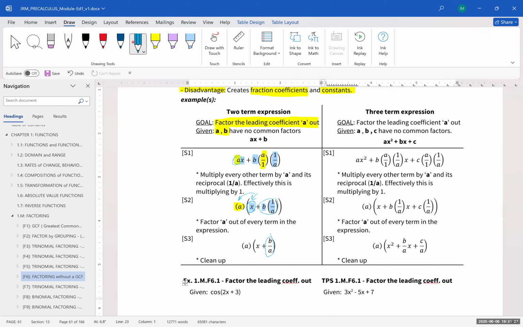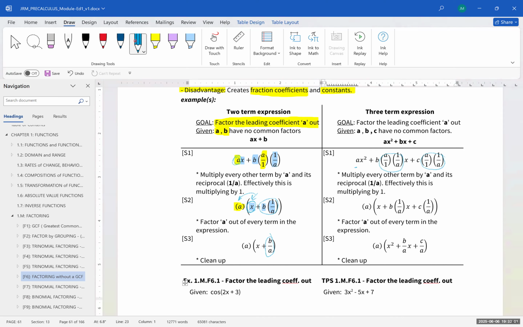And when you apply this process to a longer expression, one that's got more terms in it, let's say we want to factor out this a, then we multiply the next term times a and its reciprocal. And then we take the next term and multiply it by a and its reciprocal too. So we're just applying that process on down the line to the other terms in the expression.